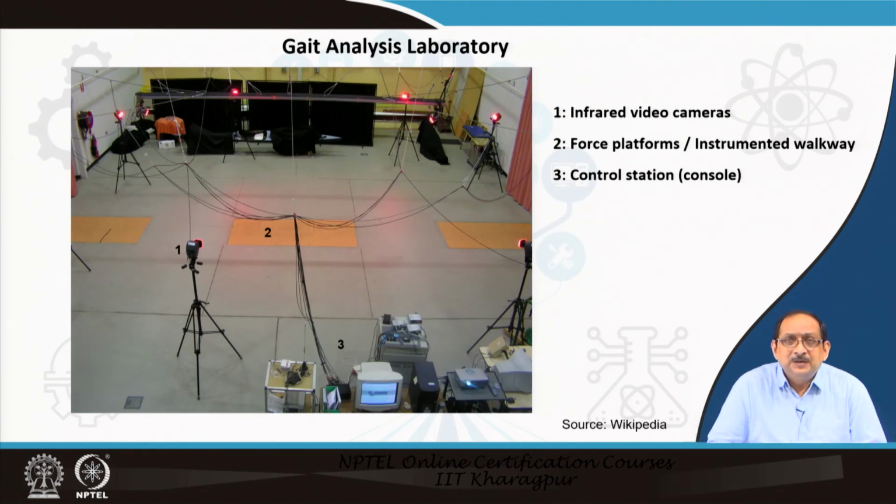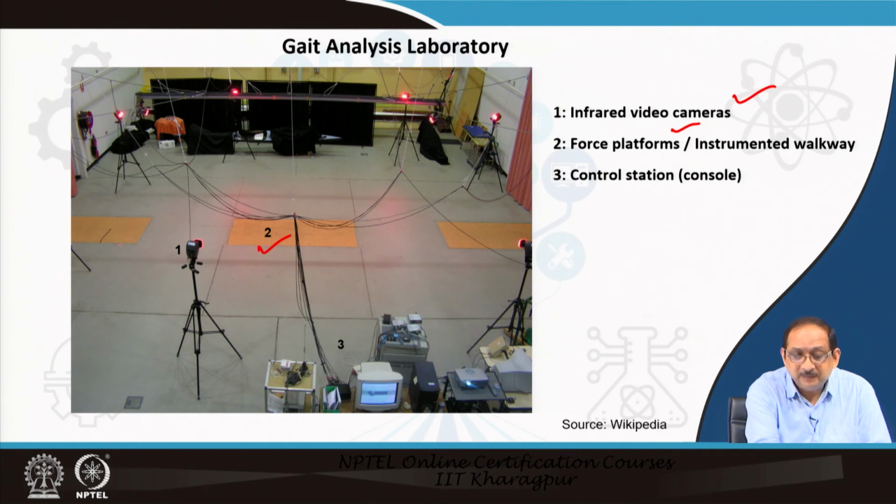Now, let us visit a gait analysis laboratory, not a schematic diagram, but a real gait analysis laboratory consisting of infrared video cameras, force platforms and instrumented walkway, and control station.